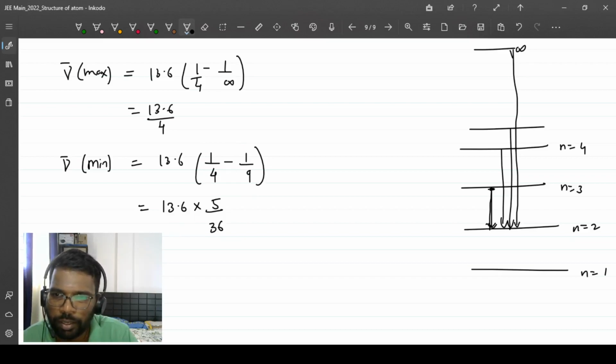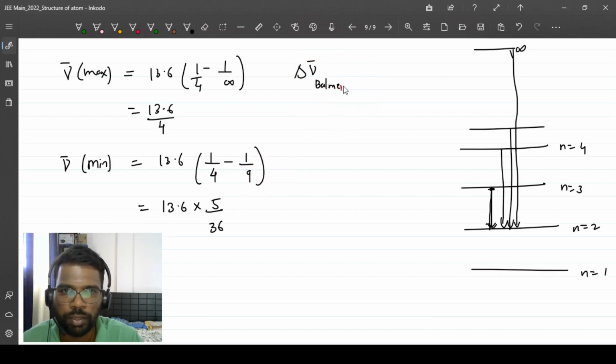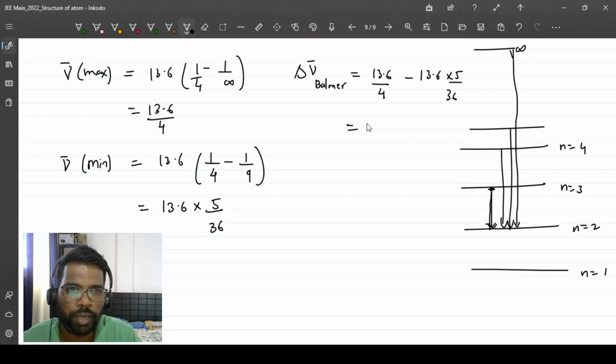So delta nu bar for the Balmer will be maximum, that is 13.6 by 4, minus 13.6 into 5 by 36. Taking 13.6 common, 1 by 4 minus 5 by 36.